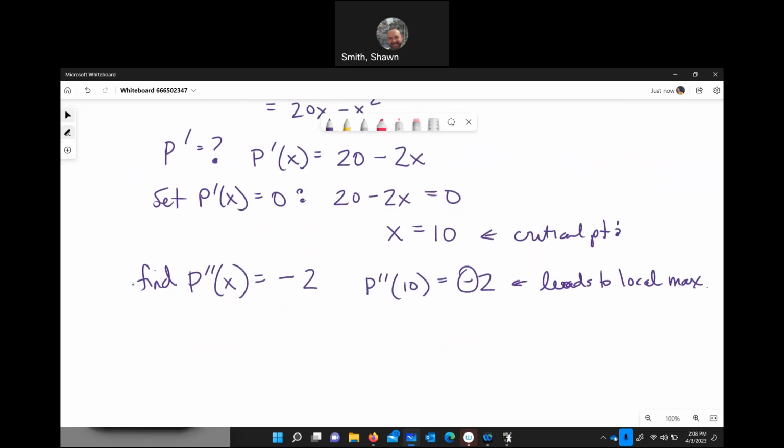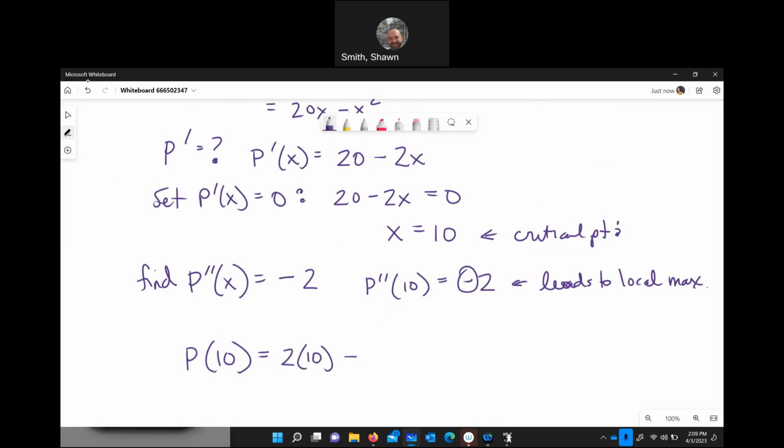So P of 10 is equal to 20 minus 2 times 10. Oh, wait, that's the derivative. That's the wrong one. The original. P of x was 20x minus x squared, right?